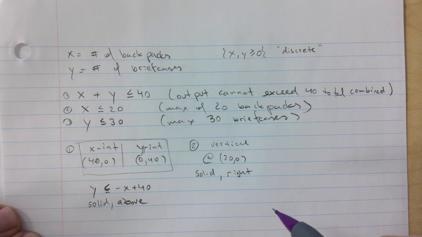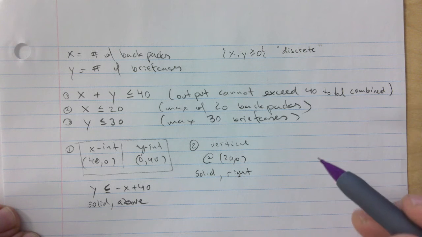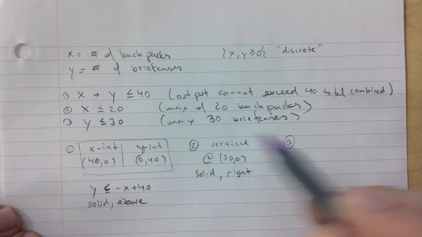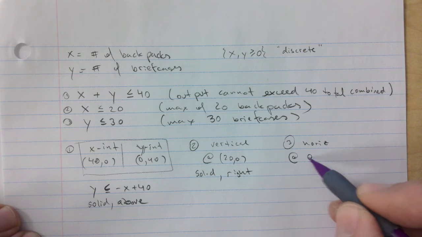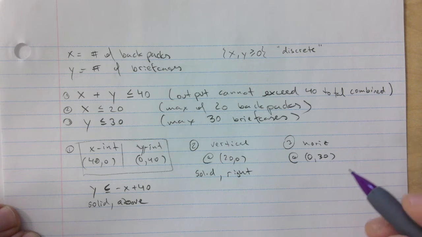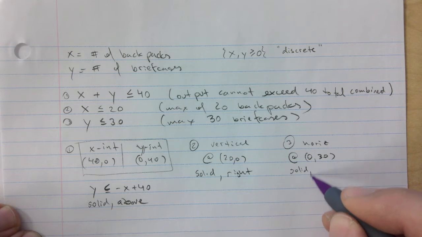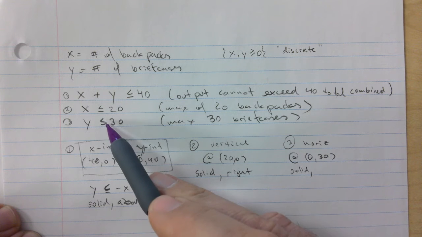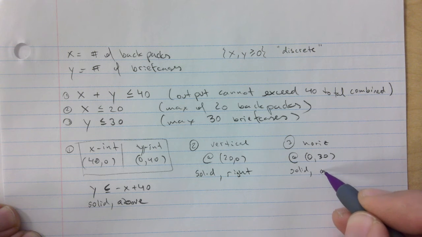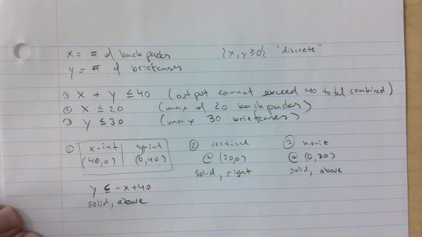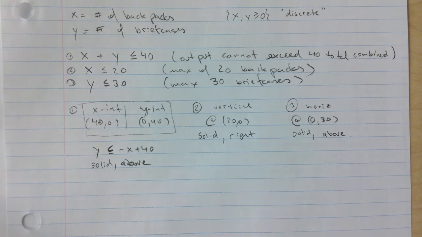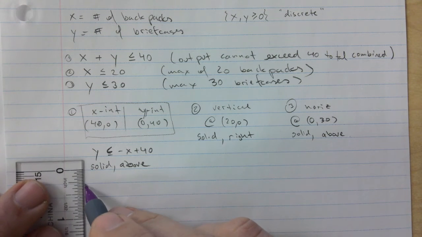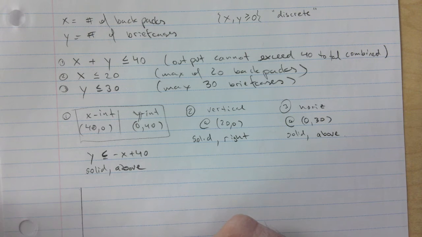And then we have the third one, which is a horizontal line, and it's going to go through 0, 30. It's a y-intercept there. It's solid, and it's less than, so we shade above. And really what I'm going to focus on more in a bit is coming up with the inequalities. The graphing part, you should be quite comfortable with by now.